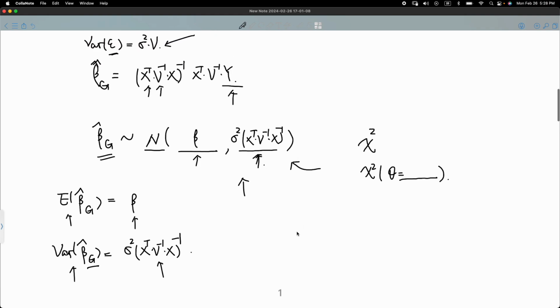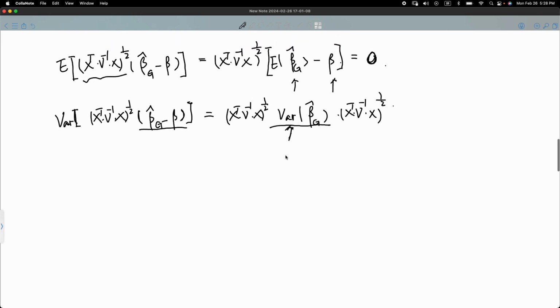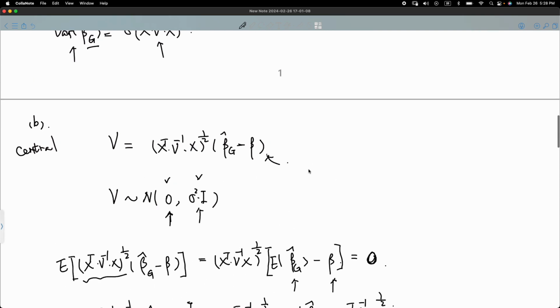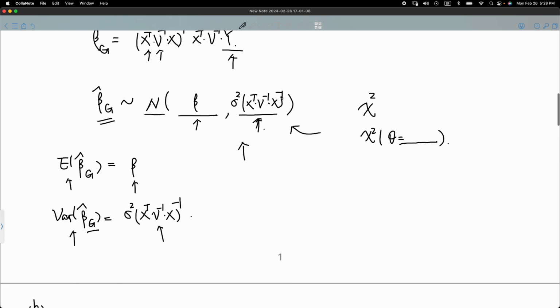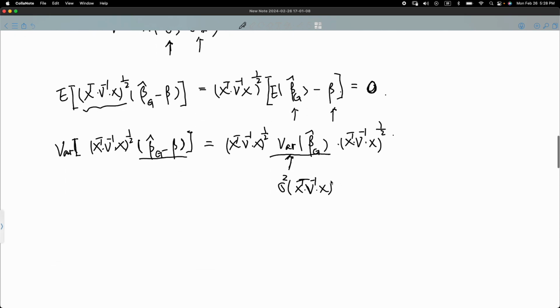And then you can plug in the variance of beta g hat from here. So let me just copy it down here. This is sigma square X transpose V inverse X, and this is inverse, okay. So as you can see, you have 1/2 copy of this on the left and 1/2 copy on the right hand side, and then you have -1, or one copy, in the middle.